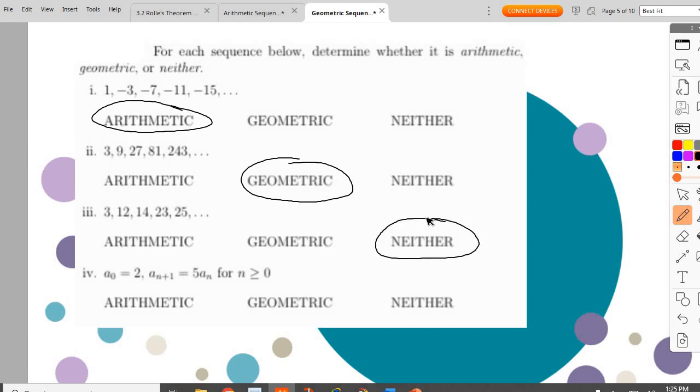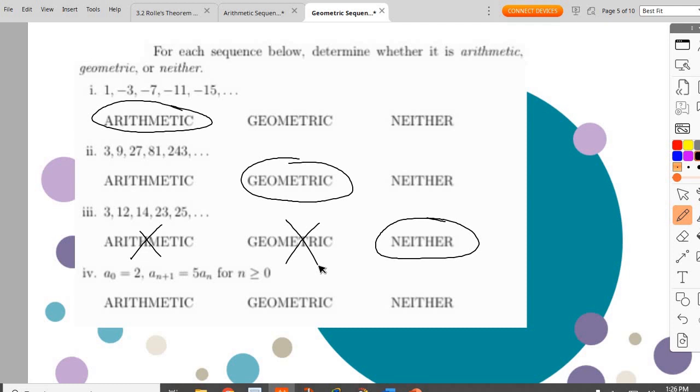Notice that on the first one we added 9, but on the second one we added 2, so it can't be arithmetic. On the first one we multiplied by 4, but on the second one we multiplied by 7 thirds, so it's not geometric, so it's neither. And what about our last one?